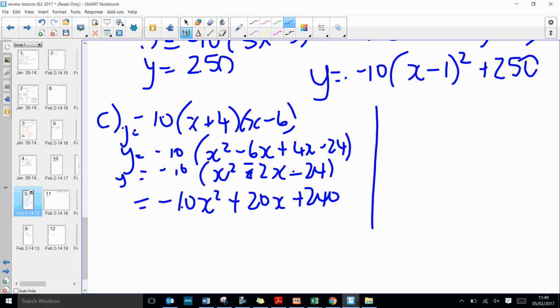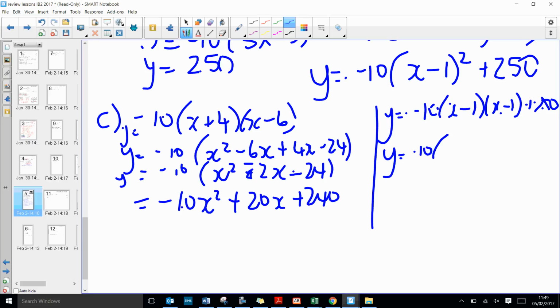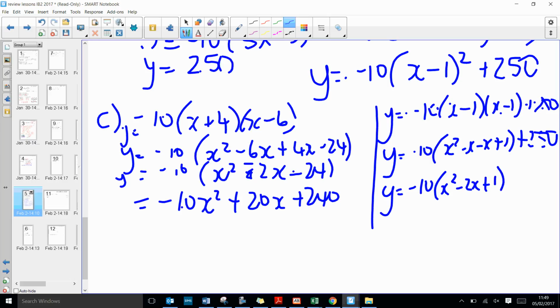Looking at the completed square format, again we have to focus on the brackets first. So we would have negative 10 times (x squared minus 2x plus 1).